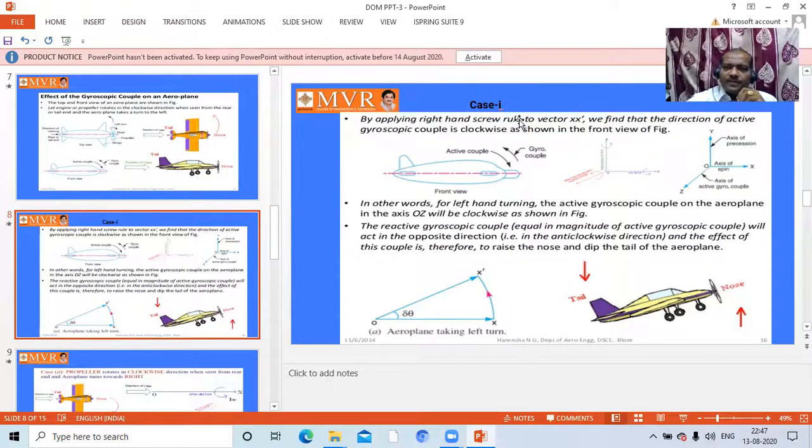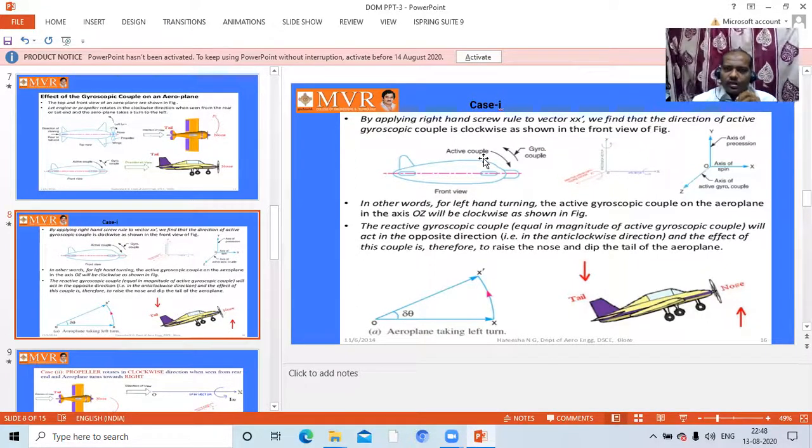Then the raised thumb direction shows the axis of precession. If you observe XX dash, we find the direction of the active gyroscopic couple is clockwise, as shown in the front view of the figure.